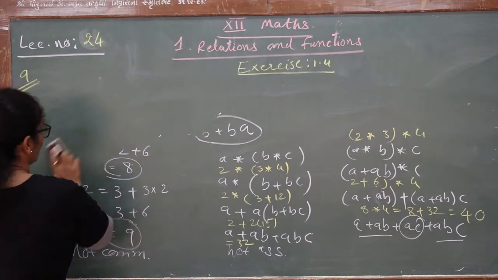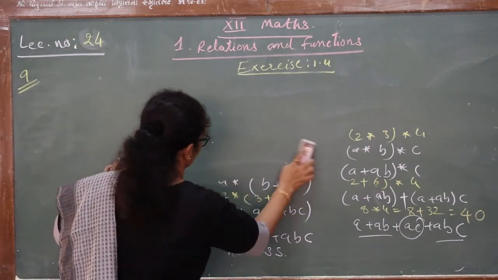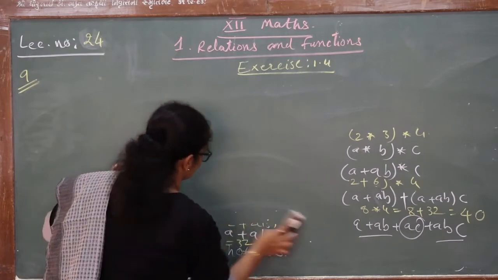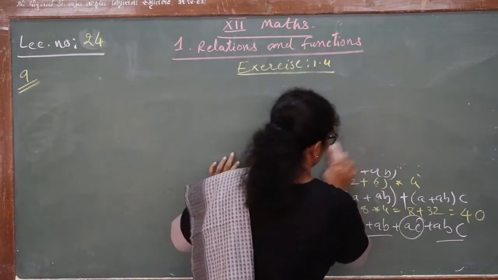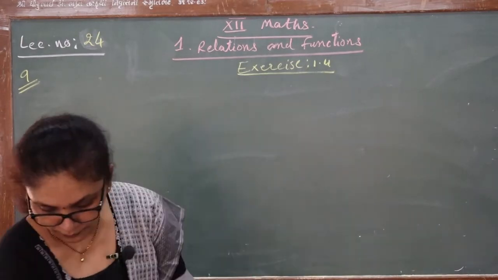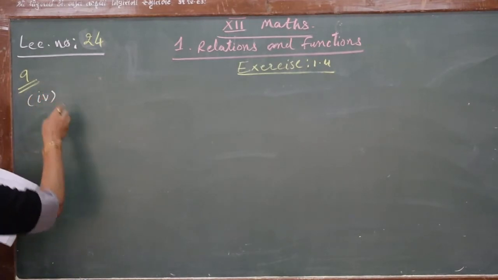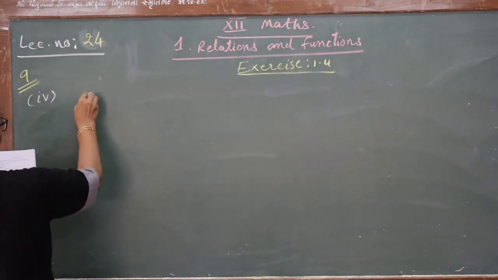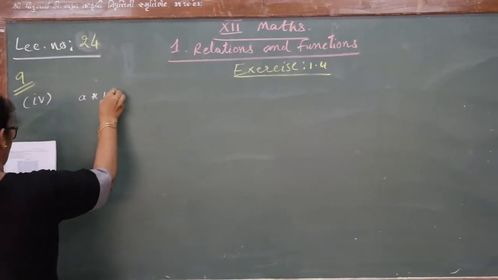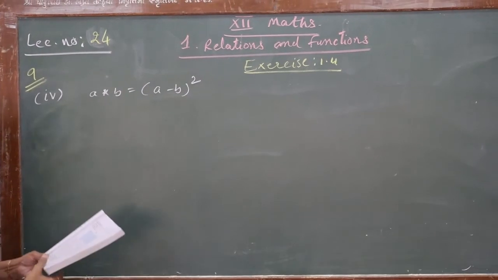Let's start the fourth one. Fourth one is A asterisk B equals (A minus B) square.